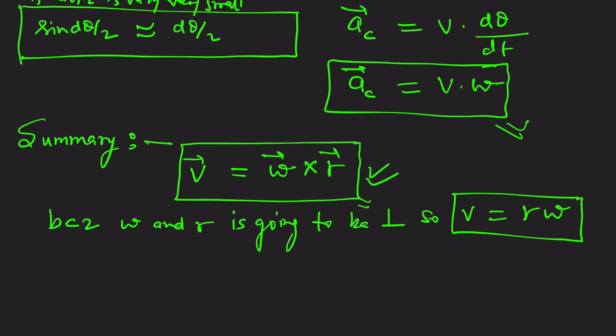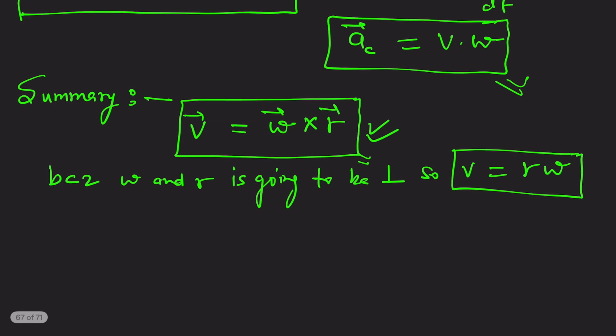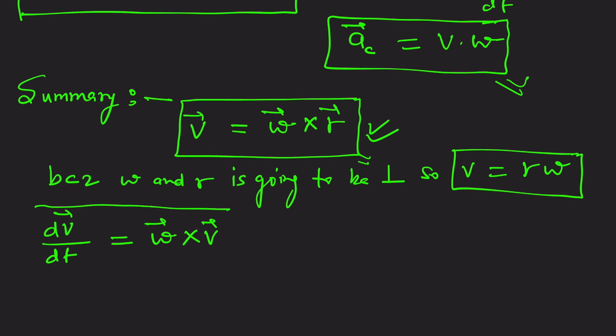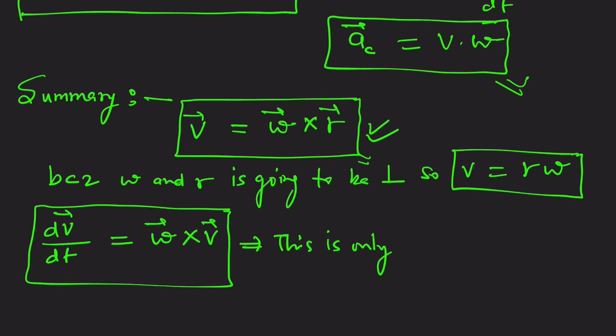And after that, I have derived that dv by dt is equal to omega cross v, and this is only true for uniform circular motion. Not always, only for uniform circular motion.